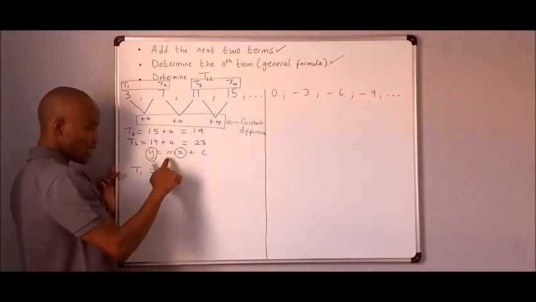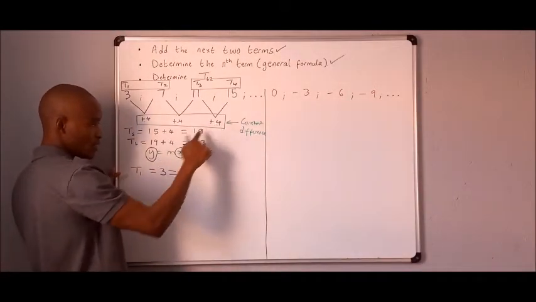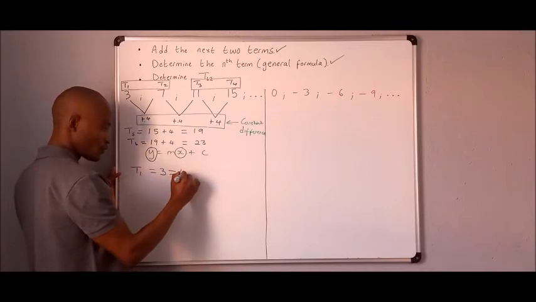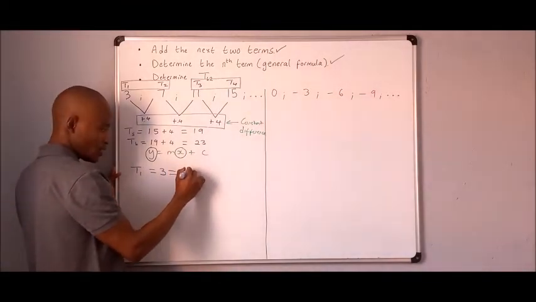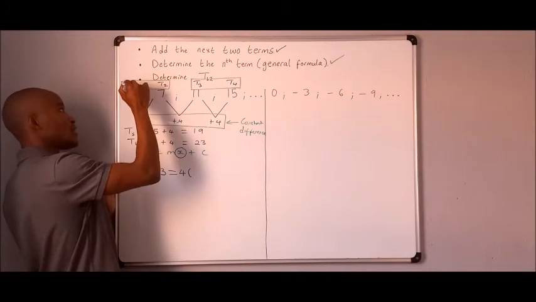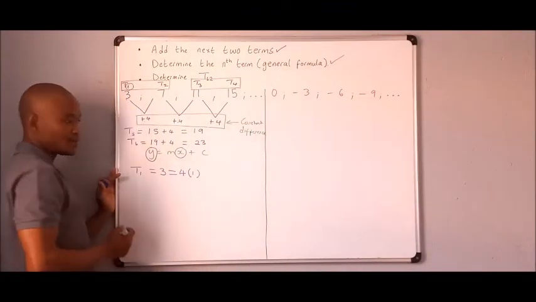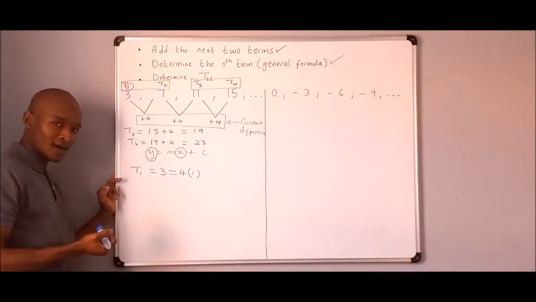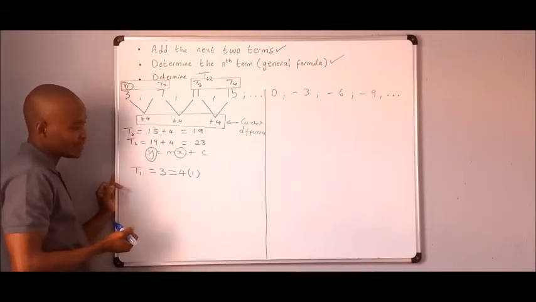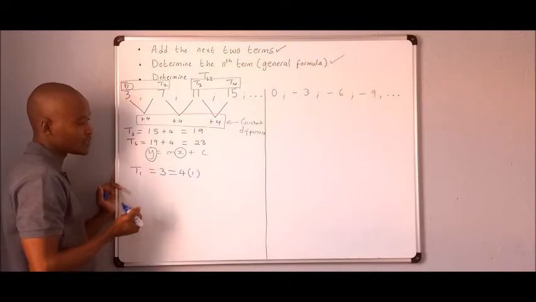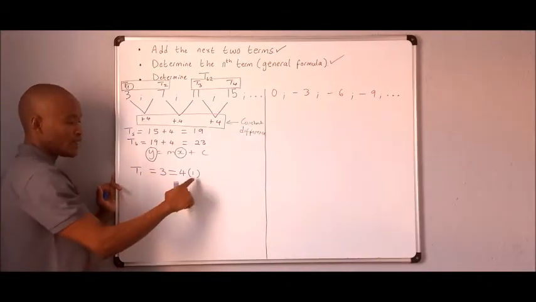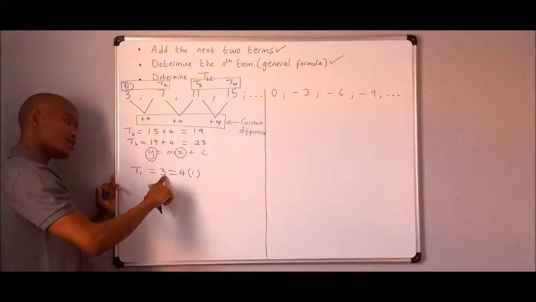So it's 3. Our constant difference here, our gradient, is 4. And then what is the input value? The x here, we are putting 1. The position of our term is, we're at position 1, and in position 1 the value is 3.